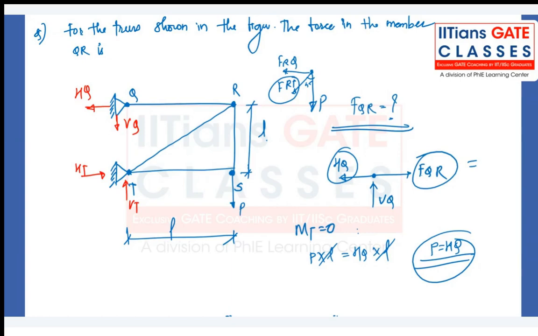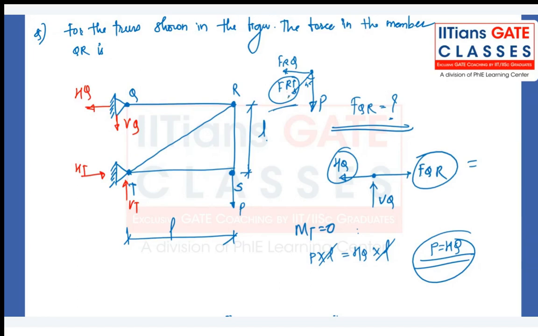In this particular case your logic may be correct, but the approach I feel is not in the correct direction. Even if you don't know the value of FRT, you cannot conclude.